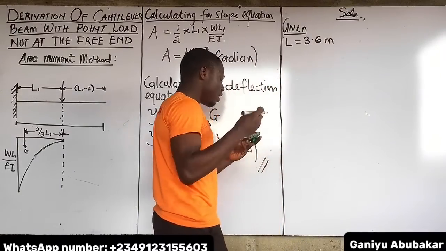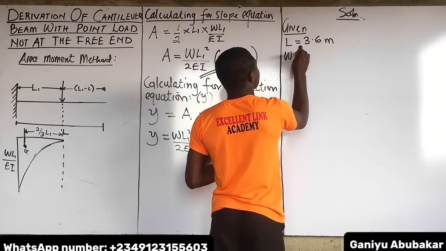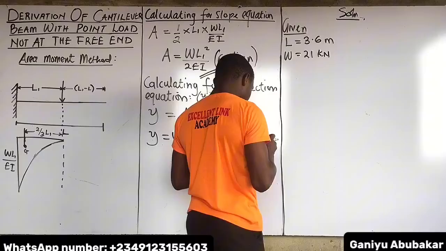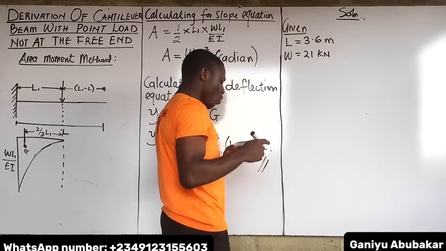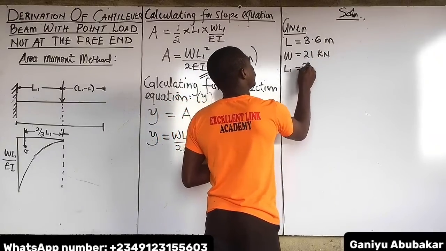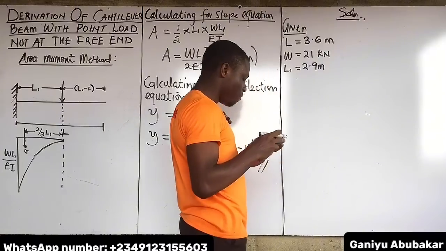It carries a point load of 21 kilonewton. That's my weight, W. 21 kilonewton at a distance of 2.9 meters. So that's my L1, 2.9 meters from the fixed end.